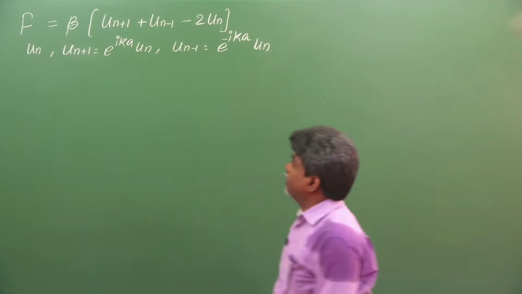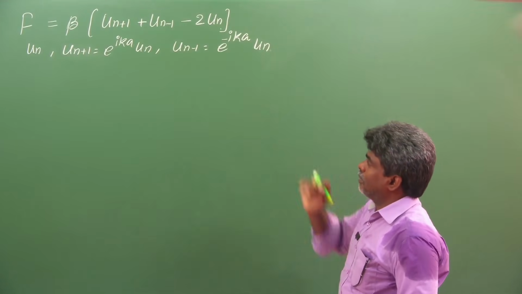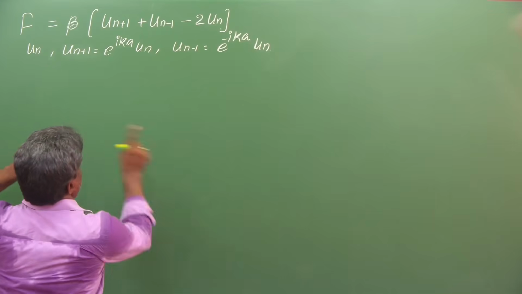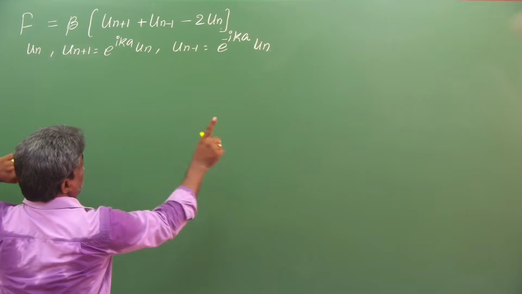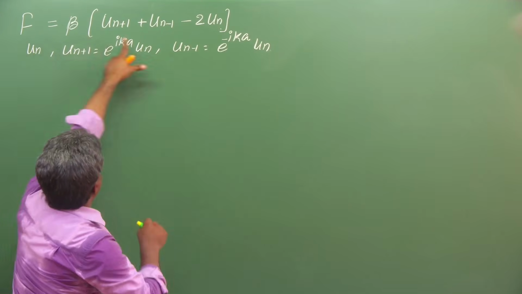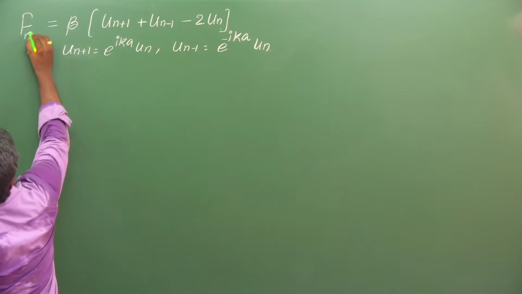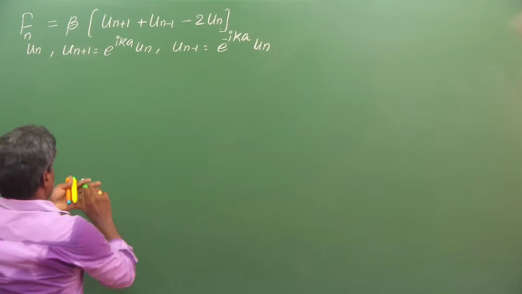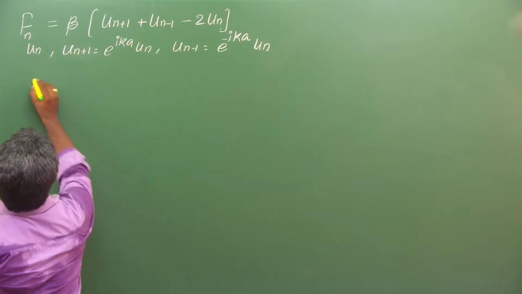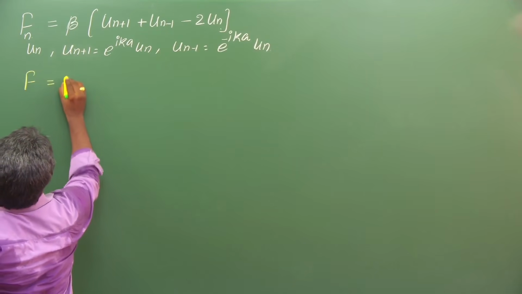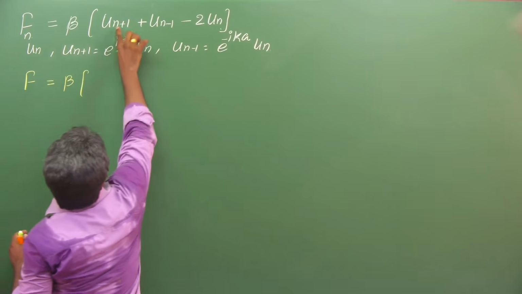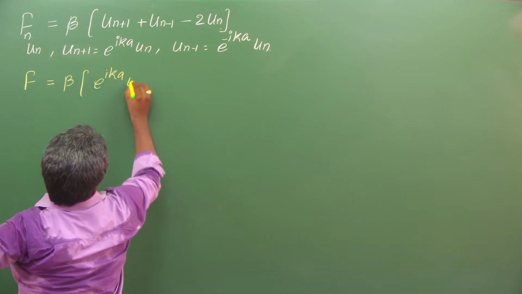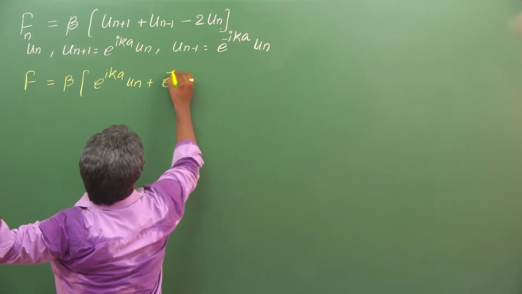Are you ready? So this is the SHM equation. We got the SHM. That means they are all vibrating about their mean position. And this is the net force acting on the nth atom. This is what we get. Everyone see the board. So now I am taking this and substituting. So F equal to beta un plus 1.